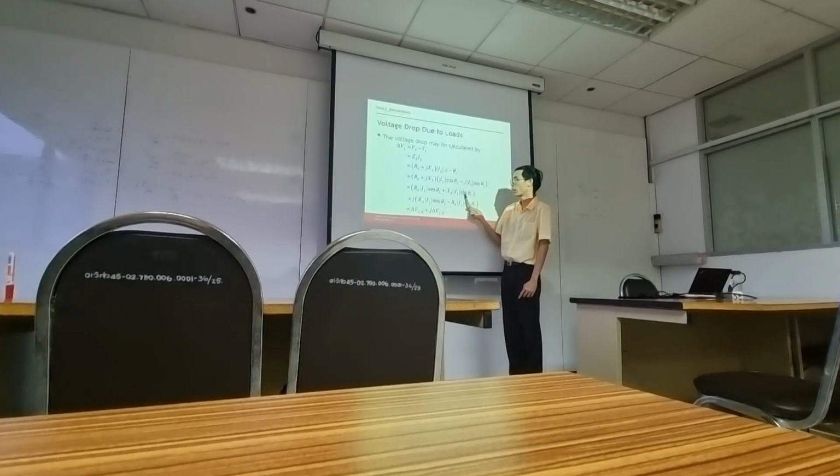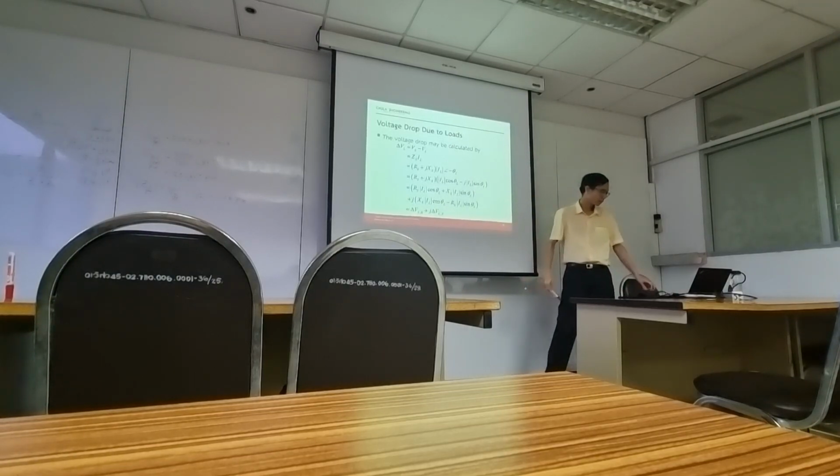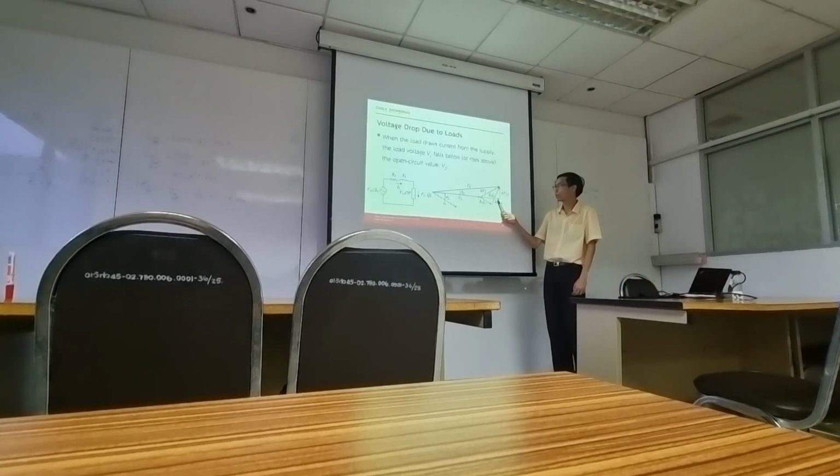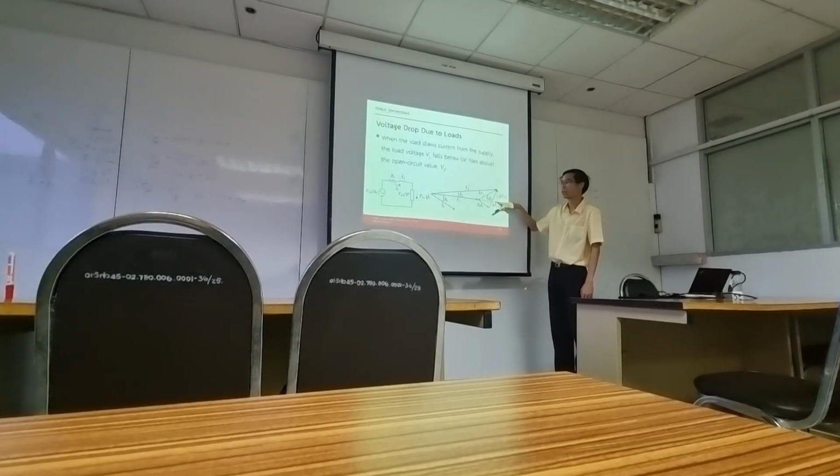And do the calculation, you get this and this. This is the real part of delta VL. This is the imaginary part of delta VL. Okay, we have real part and imaginary part. This can be written as delta VLR plus J delta VLX. If you go back to see the phasor diagram, this is delta VLR and this is delta VLX.